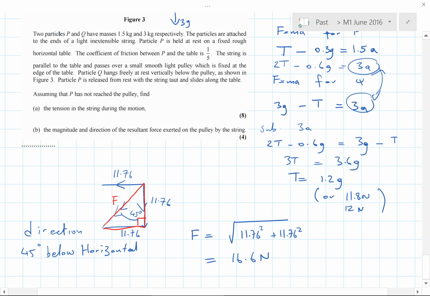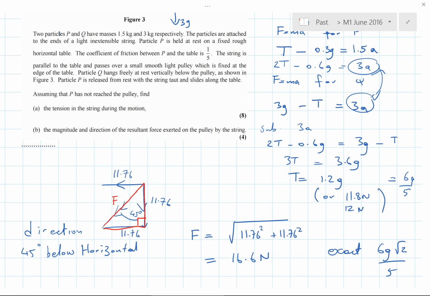It is, by the way, also equal to the square root of 2 times this, as you might see, because of course we can see that this is the square root of 2 times the magnitude of this. So you can give the exact answer if you want. The exact is 6g root 2 over 5, which is basically 6g over 5 times the square root of 2, because of Pythagoras' theorem on a 45-degree triangle, or trig, or whatever.